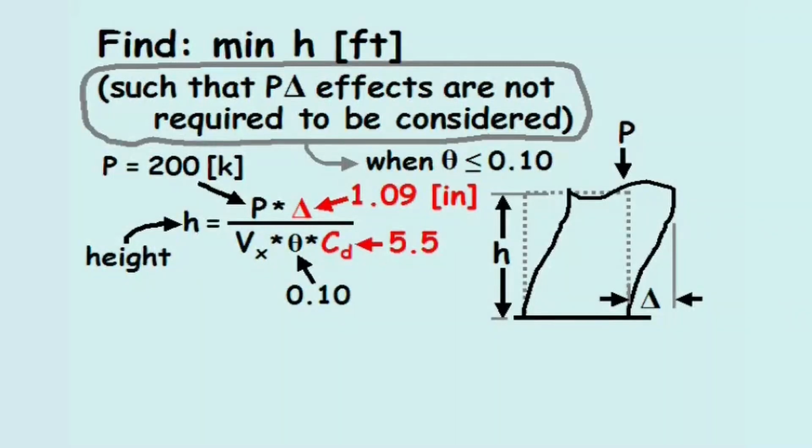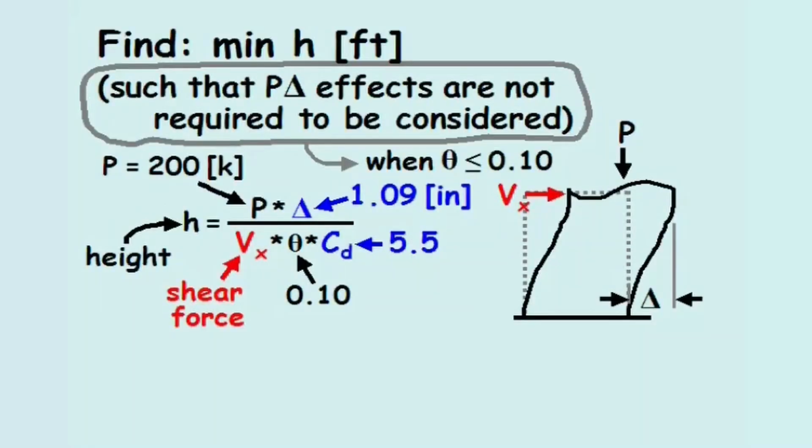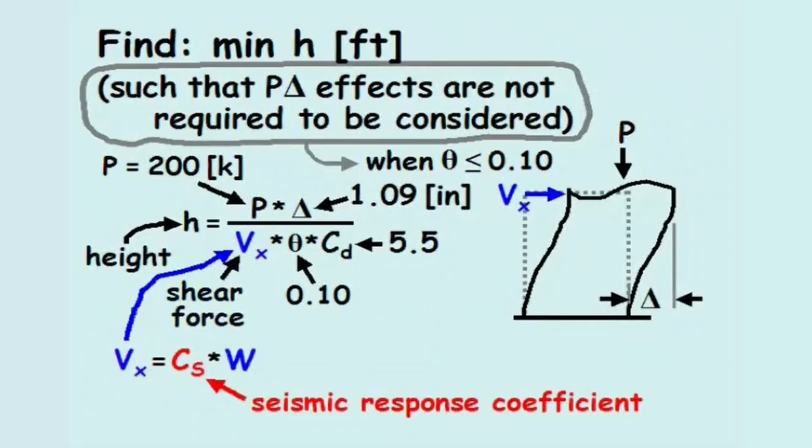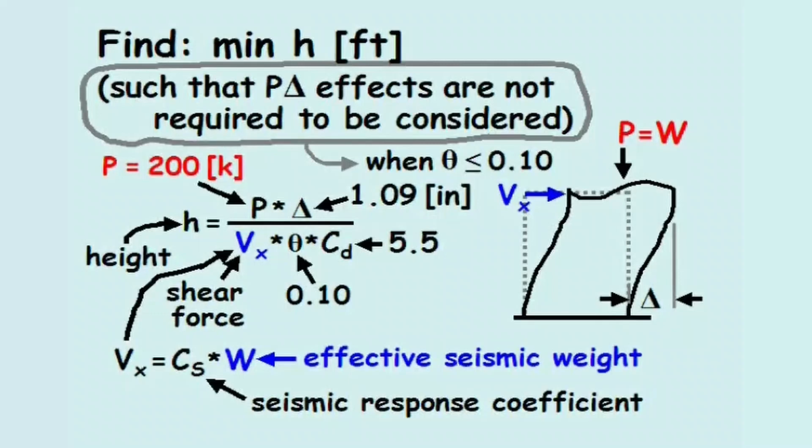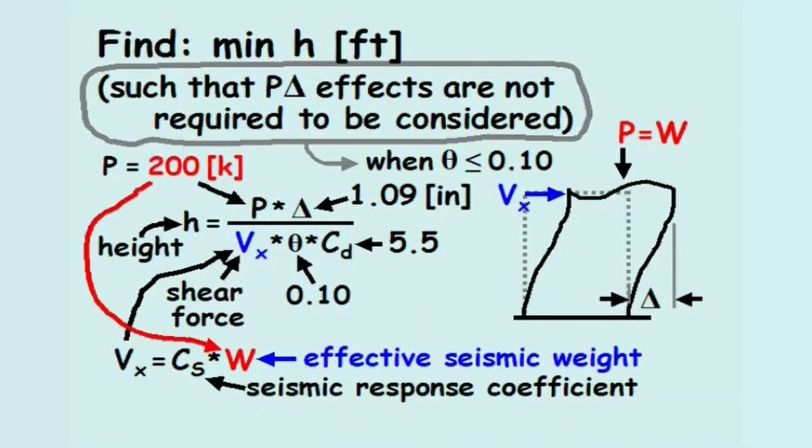The seismic base shear force, Vx, is the last unknown variable on the right-hand side of the equation. The seismic base shear force equals the seismic response coefficient, Cs, times the effective seismic weight, W. Assuming the load, P, is a permanent load, P equals the effective seismic weight, which equals 200 kips.